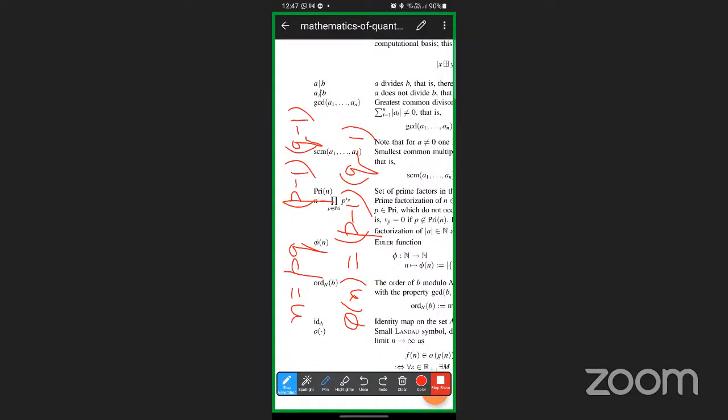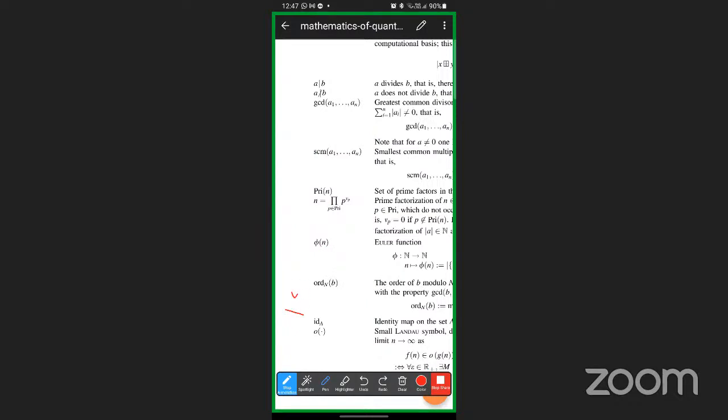Let's take a small number, say 15. So 15 is 3 into 5. And the numbers which are relatively prime to 15 are 1, 2, 3 is not possible, 4, 5 is not possible, 6 is not possible because 3 comes into the picture.